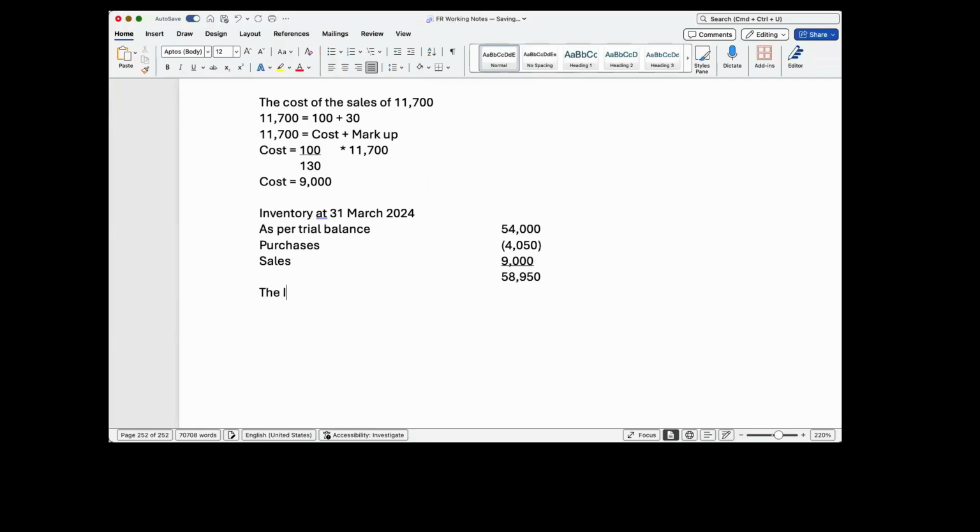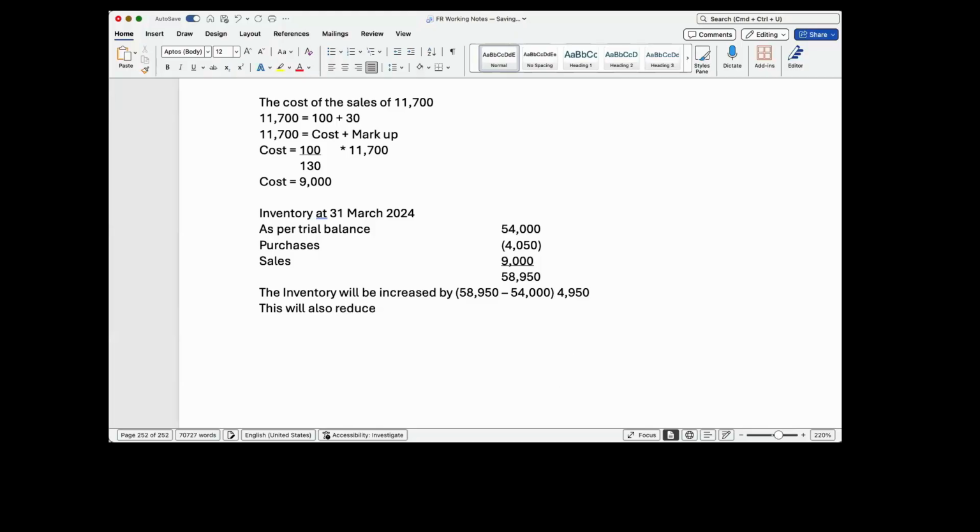So that means the inventory will now be increased by how much? By 4,950. So for my double entry to be complete, otherwise my account will not balance, let's think: if closing inventory is increased by 4,950, what impact will it have on cost of sales?